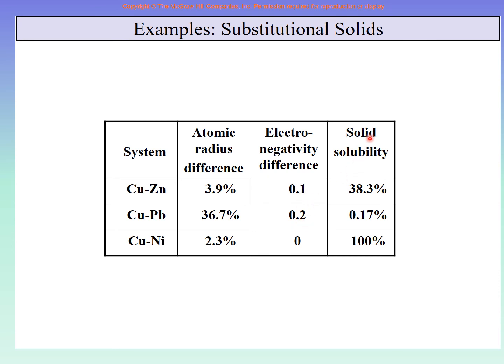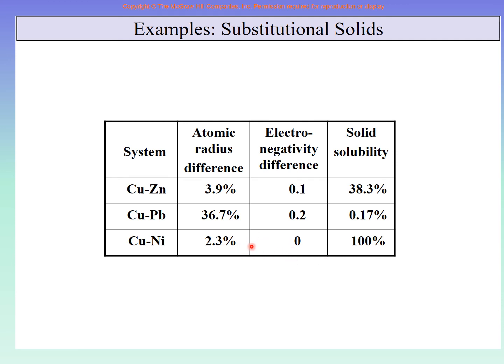So if you see solid solubility, copper zinc has 3.9% atomic radius difference, much less than 15%. Electronegativity difference of 0.1, which is small. So 38% solubility, which is very good. Copper nickel, atomic radius difference 2.3%, which is very small. Electronegativity difference 0.